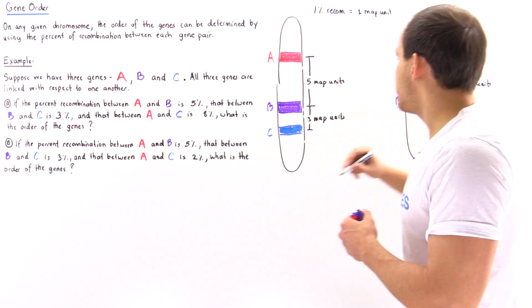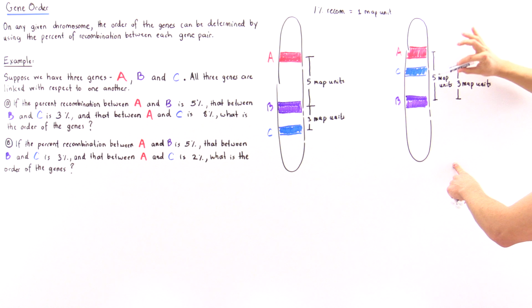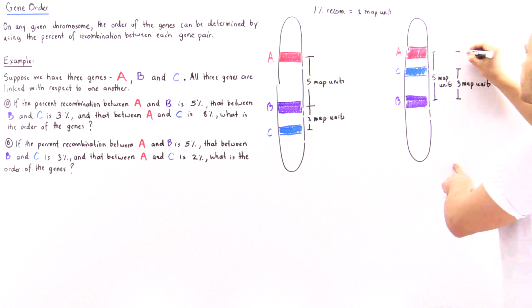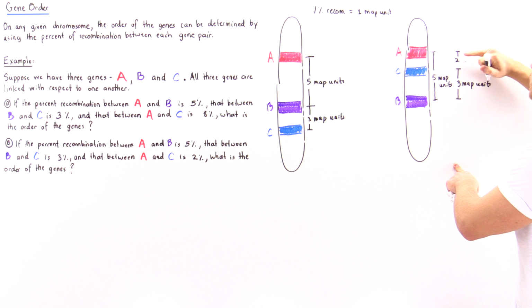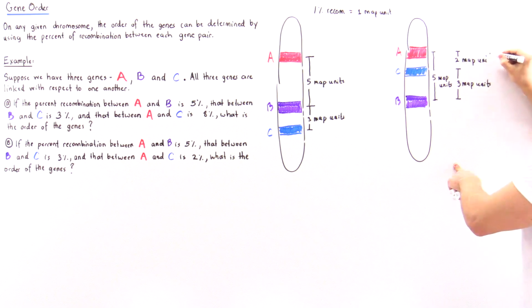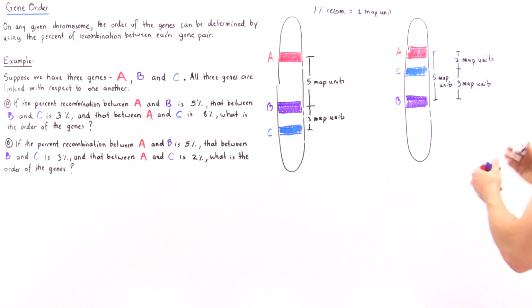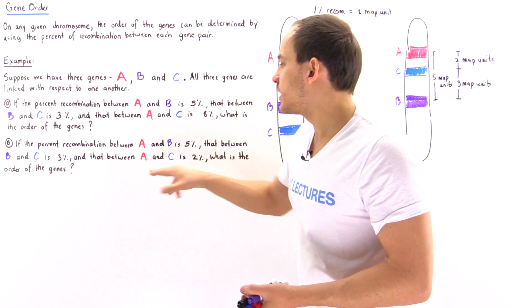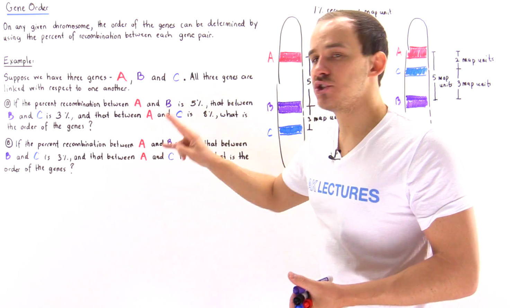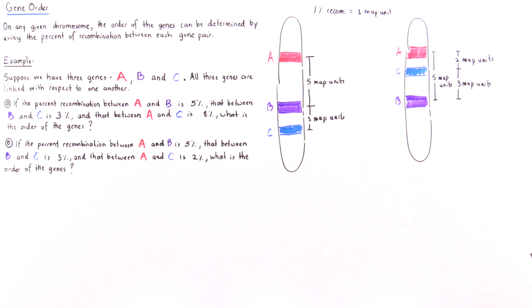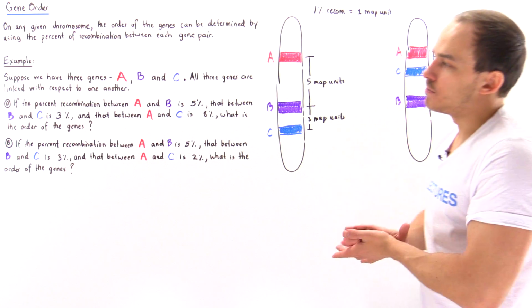And the distance between A and C, well, if this is 5 and this is 3, the remainder is 2 map units, because 5 minus 3 is equal to 2. That is exactly what we are given. We are told that the percent recombination between A and C is 2%, and 2% recombination is equivalent to 2 map units.